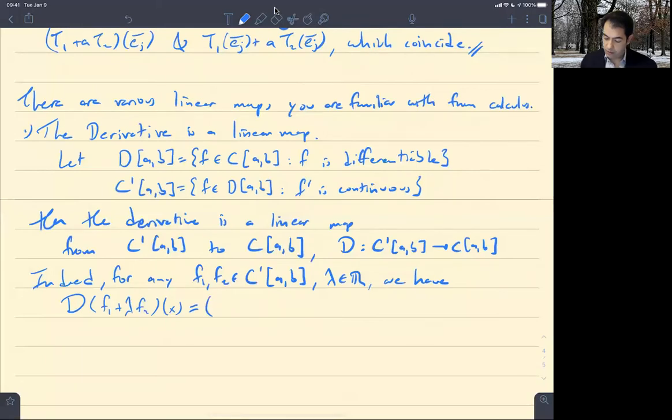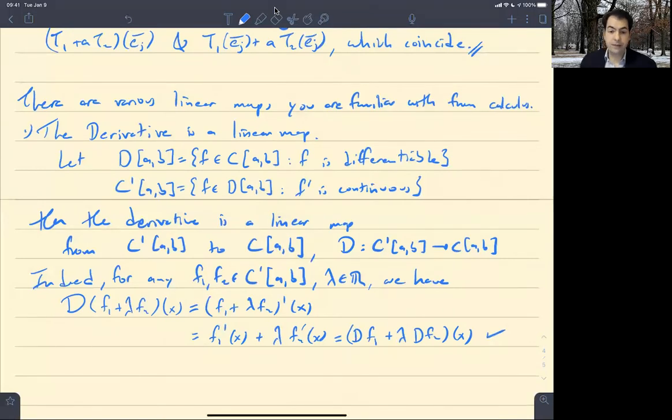Because it's just a derivative of this function, it's F1 plus lambda F2 prime evaluated at X. But the derivative of the sum is equal to the sum of the derivatives, while the derivative of a product satisfies the Leibniz rule. But if you have a constant, then the constant just comes out of the derivative. So that's F1 prime of x plus lambda F2 prime of x, which in other notation is just D of F1 plus lambda D of F2, all of that applied to x. So there we go. This is indeed a linear map.